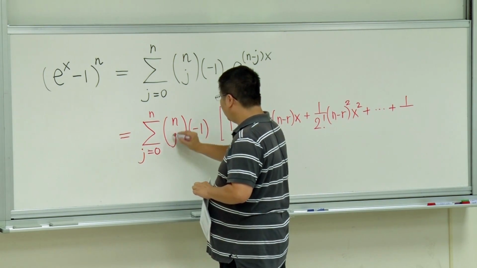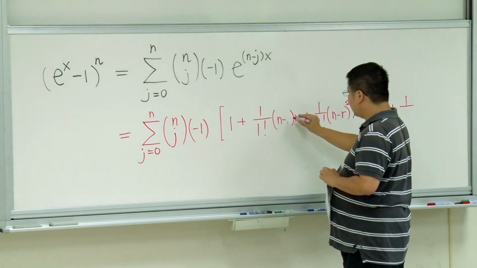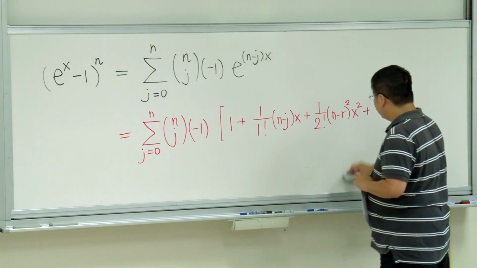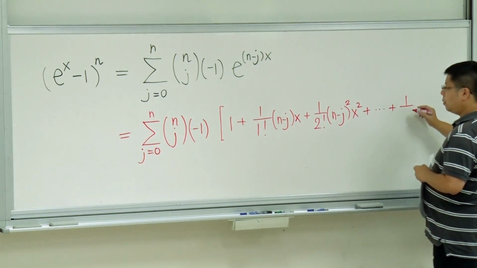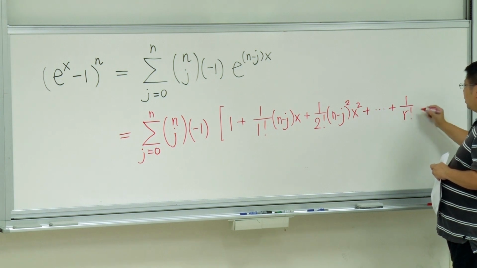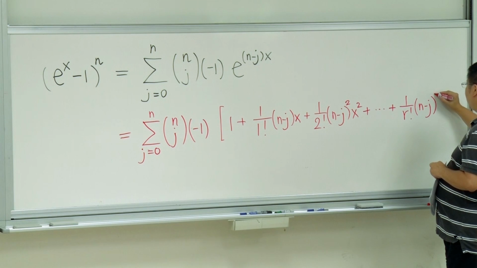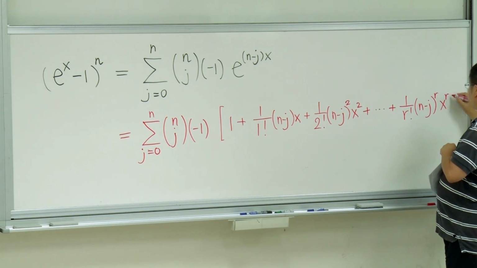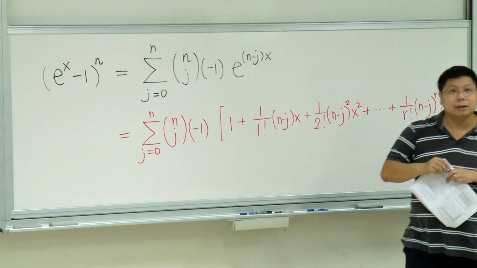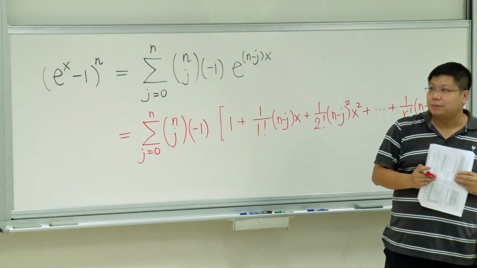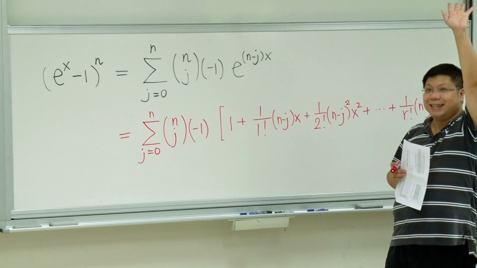This is j, and then all of these are j. One over r factorial (n minus j) to the power r x to the power r. Is that okay? If you are okay with this so far, could you please raise your hand?